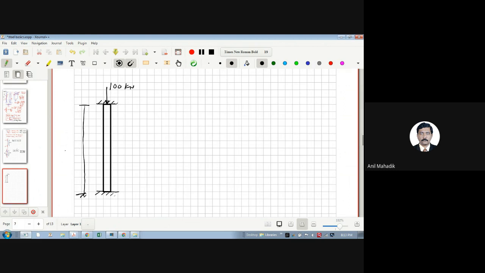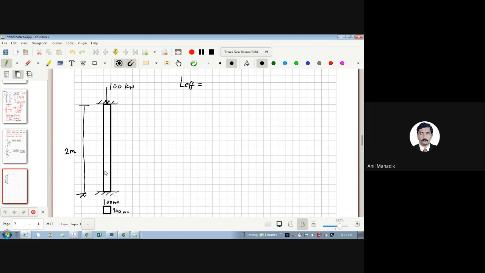The height is 2 meters, and the cross-sectional dimension is 100 mm by 100 mm. And I am asking you, please design this member. So this is a compression member, all of you know. What will be the L effective value for this?